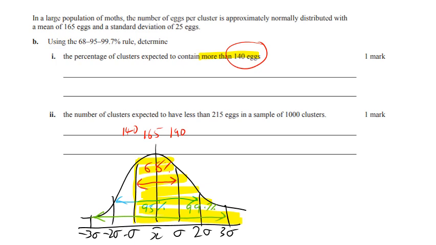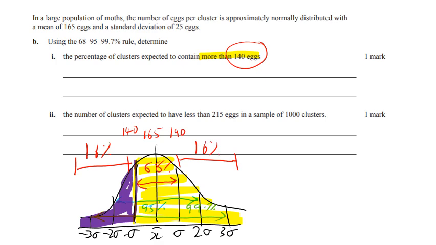A couple of ways to think about this is just remember that the total under the normal distribution is 100%. So I'm just going to do it a slightly different way. I'm going to take from that 100. So I'm going to just work out what this area is here. And so if you're thinking this is this middle part of 68, there's another 16% here and another 16% here.